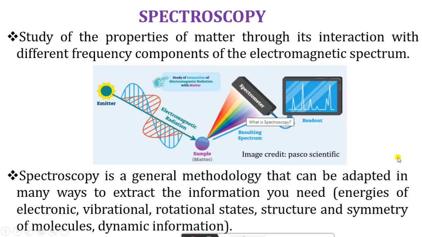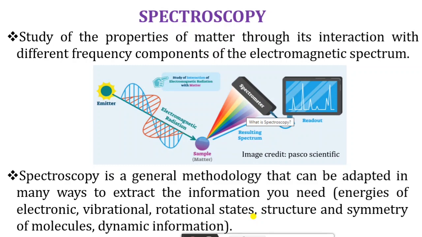Spectroscopy is a general methodology that can be adapted in many ways to extract the information we need, for example, energies of electronic, vibrational, rotational states, structure and symmetry of molecules, dynamic information. A lot of information we can generate based on the interaction of matter with electromagnetic radiation.